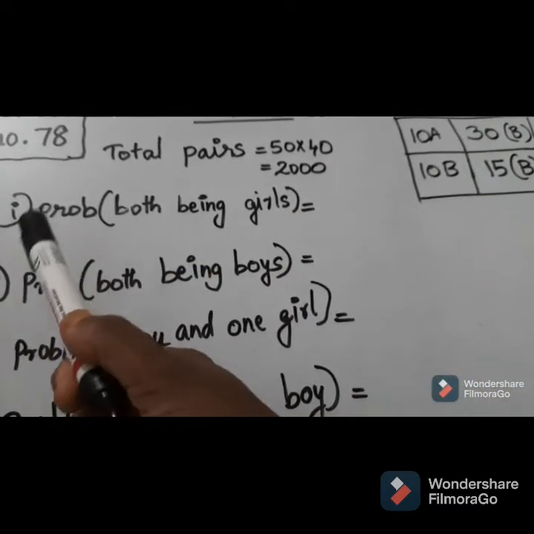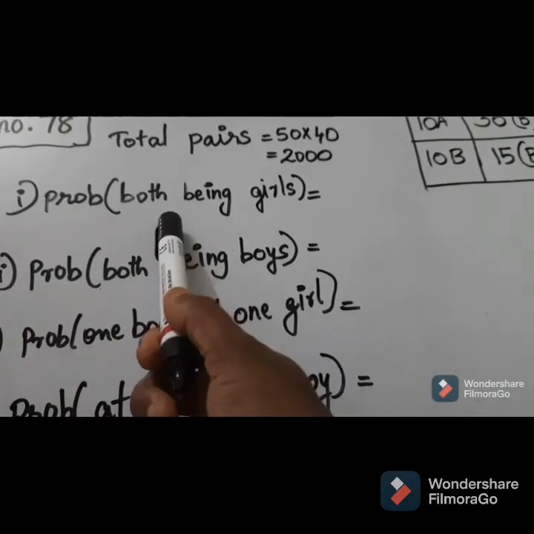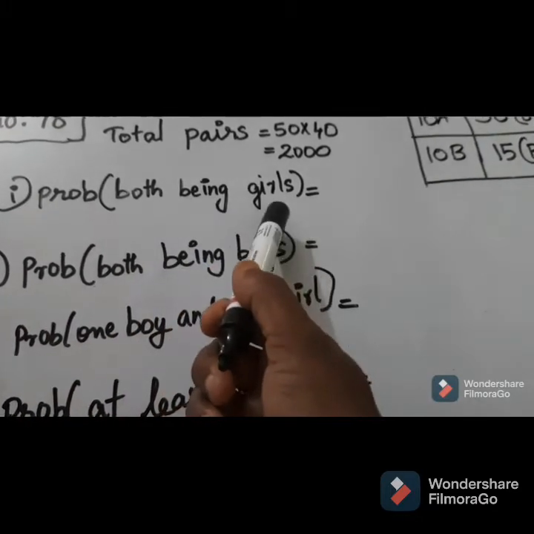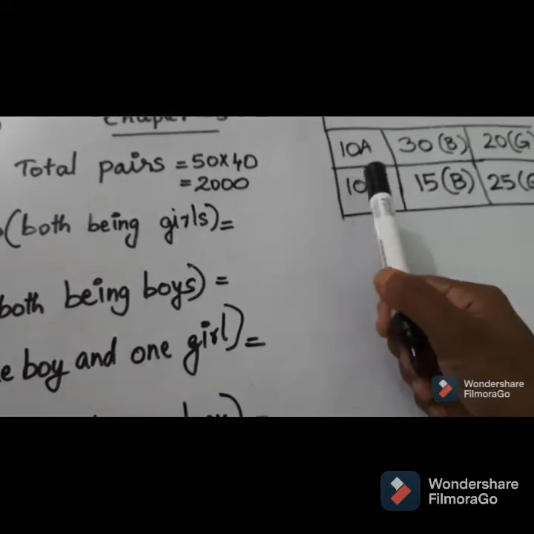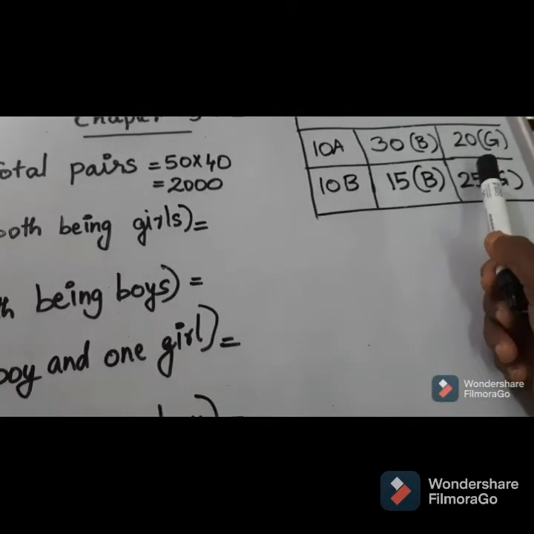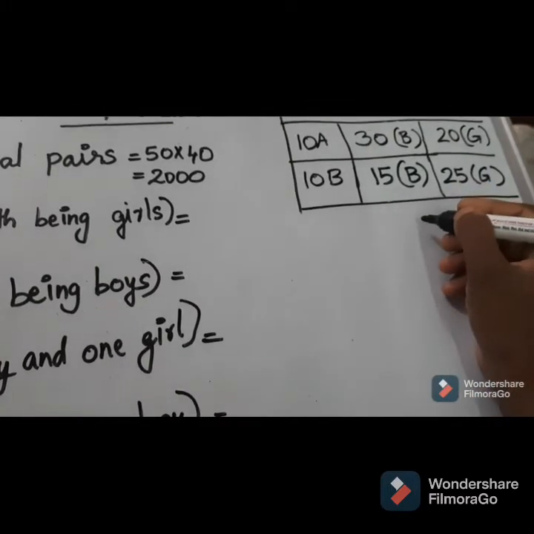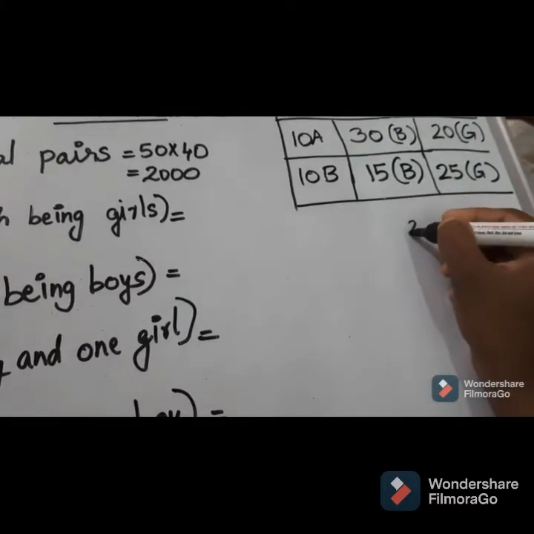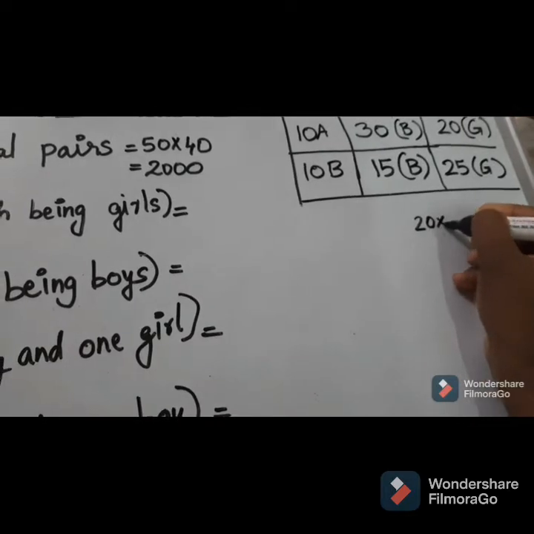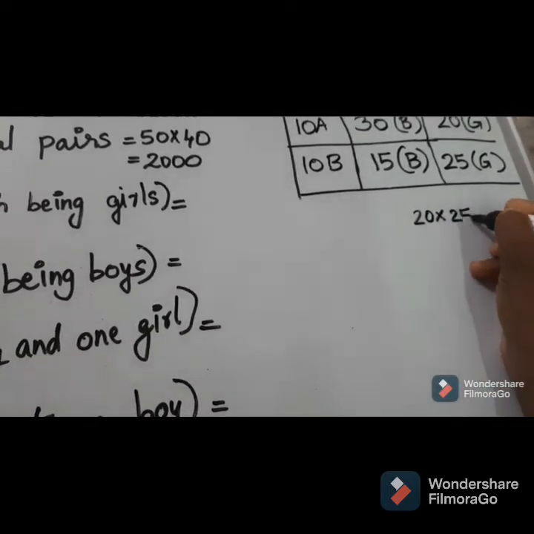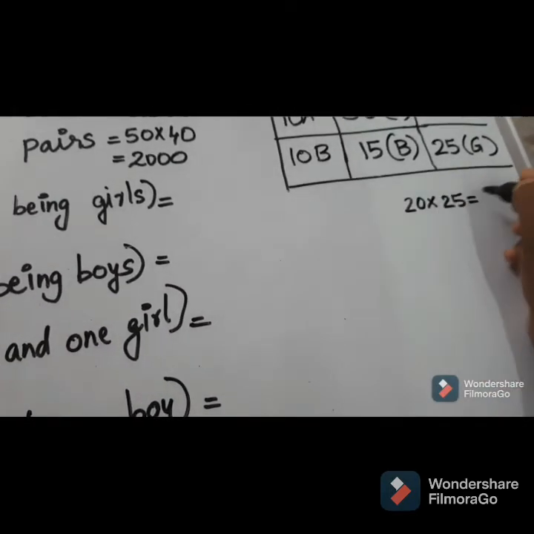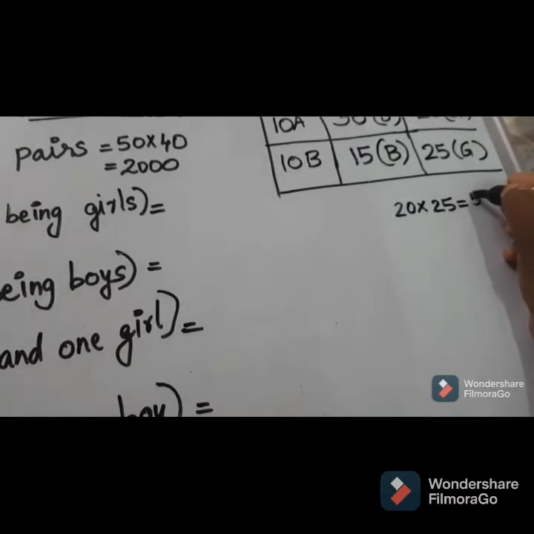Now the question is probability of both being girls. That means in 10A, how many girls? 20 girls. In 10B, 25 girls. So how many girl pairs will come? 20 into 25. That is 25 into 2, 50.